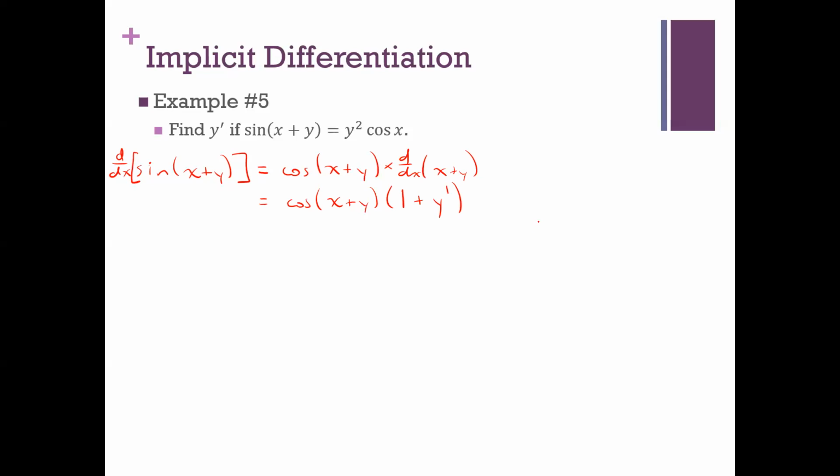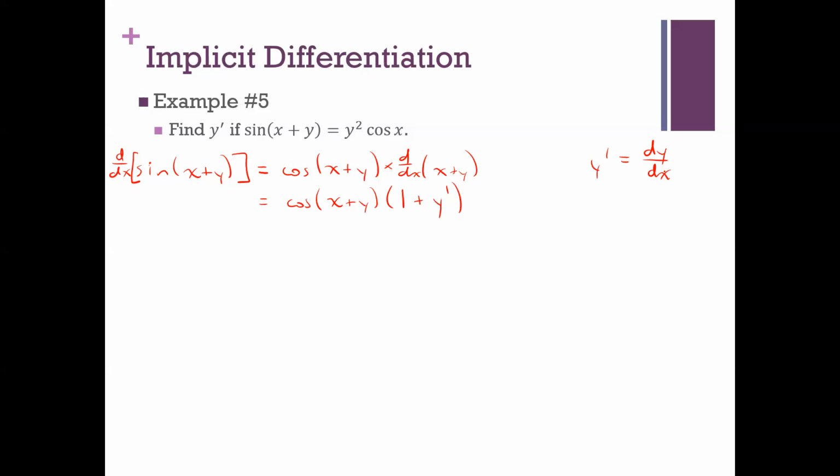Okay, a couple things there. The derivative of x plus y is not 1 plus y, but 1 plus y prime. Just a reminder, I'm using y prime to stand in for dy dx. Pretty subtle, but make sure I use it too.